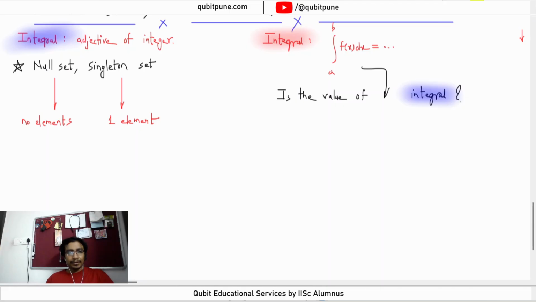Just come up with an example that will help you in thinking, I would say. Any example of a null set? No, that is the way we represent it.